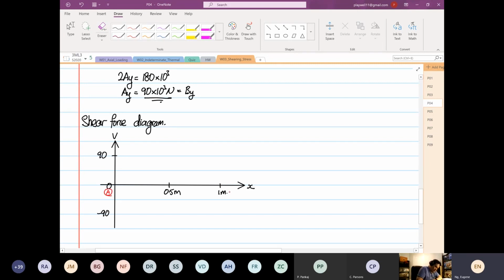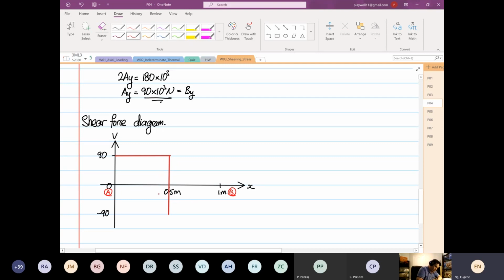So when we draw a shear force diagram, it looks like this. It will come to here, then it'll come down. It is 90 initially, right? Then it will drop itself down by 180.